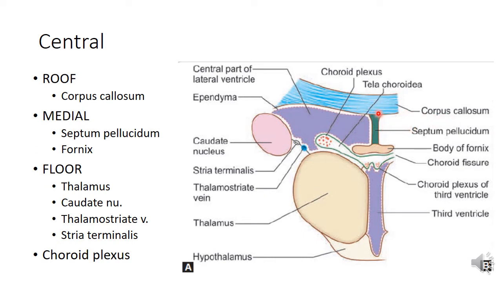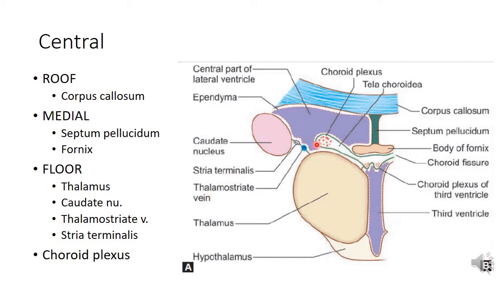and medially the structure which separates the two lateral ventricles is the septum pellucidum and the fornix. The floor of the lateral ventricle is formed mainly by the thalamus, the caudate nucleus, and two structures between them, which are the thalamostriate vein and the stria terminalis.